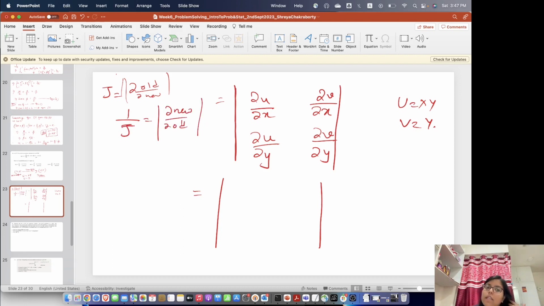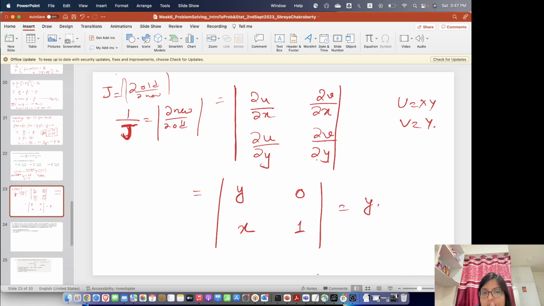So essentially I am writing 1 by j over here, that is del u by del x, del v by del x, del u by del y, del v by del y. So del u by del x will be y, del v by del x will be 0, del u by del y will be x, and del v by del y will be 1.